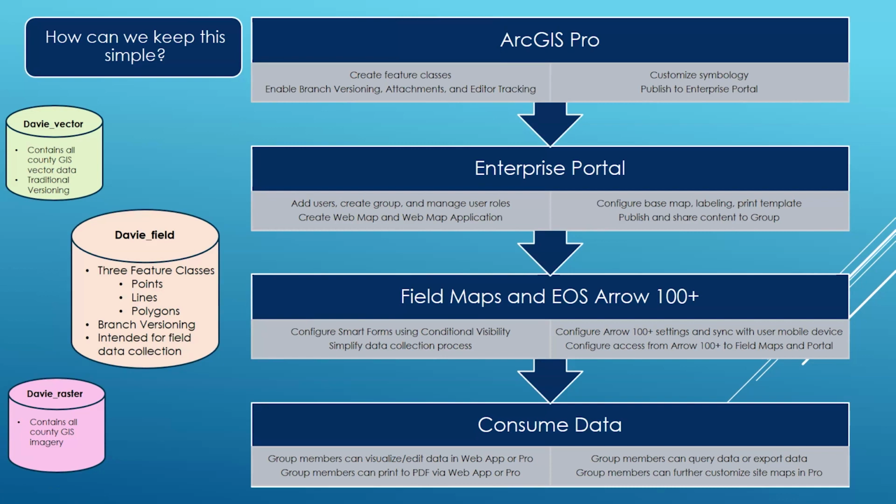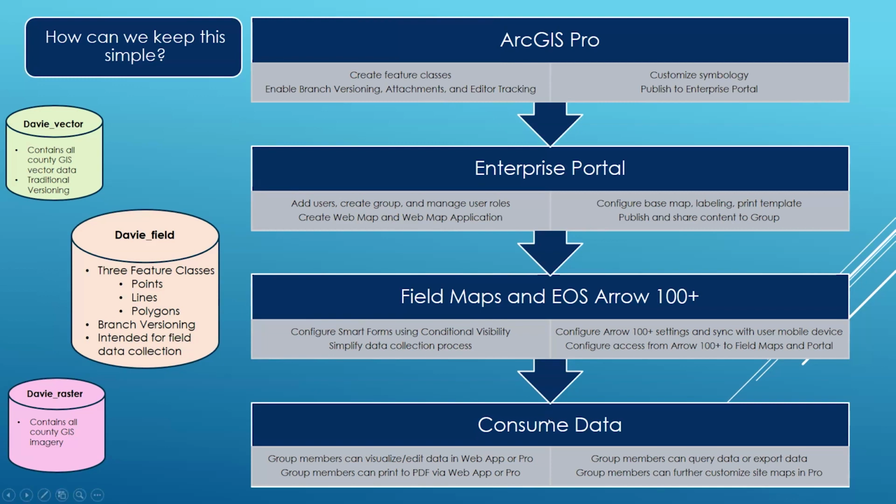And moving on to Field Maps and the Arrow unit. Again, configuring smart forms with that conditional visibility really simplified the data collection process, and syncing the Arrow GNSS units with their mobile devices and working directly in Field Maps and Portal. And then, of course, consuming the data.